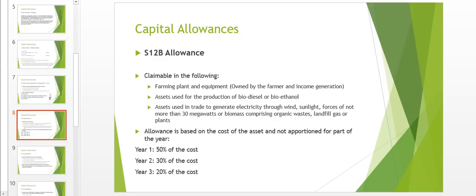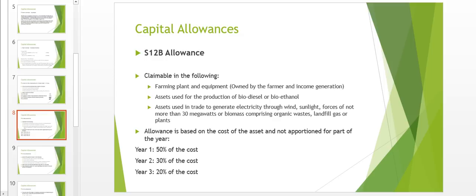That's equipment owned by the farmer, and it has to be for income generation. Assets used in the production of biodiesel or bioethanol, assets used in a trade to generate electricity through wind, sunlight, forces of not more than 30 megabytes or biomass comprising organic waste, landfill gas, or plants.